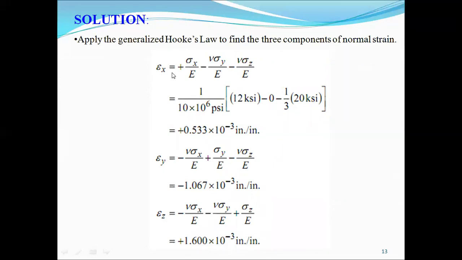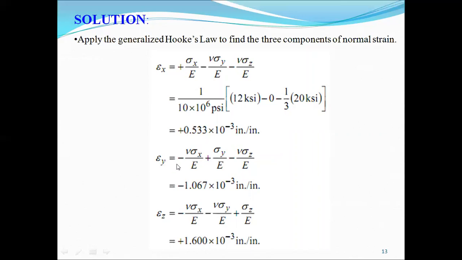Epsilon x would be equal to plus sigma x by E minus mu sigma y by E minus mu sigma z by E. E is given, sigma x is given, sigma z is given, and sigma y is simply 0. After putting in all these values and computing, epsilon x is plus 0.533 times 10 to the power minus 3 inch per inch.